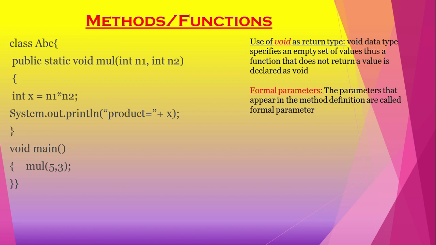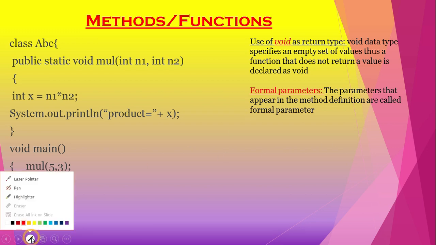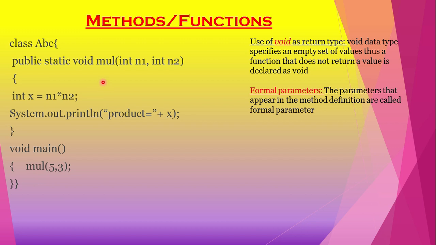First, what are formal parameters? The parameters that appear in the method definition are called formal parameters. See, this is the method definition.